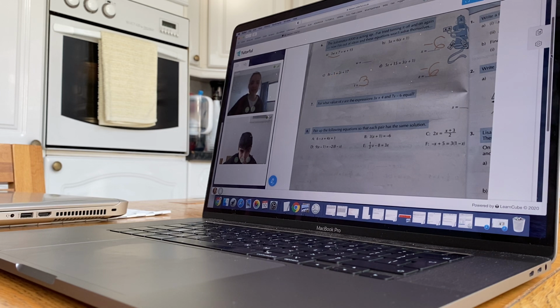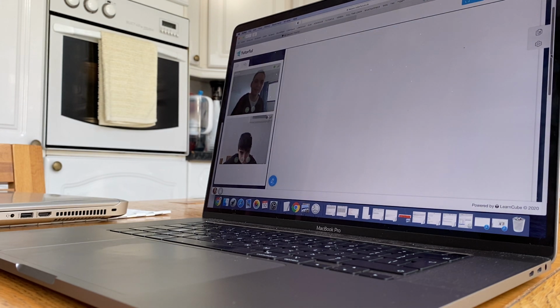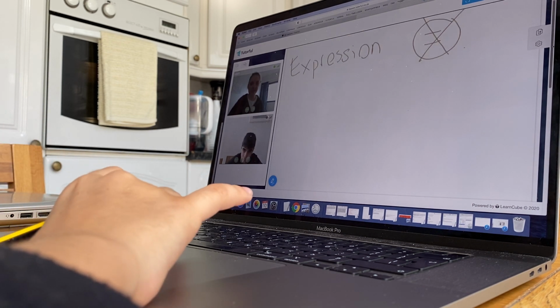The difference between an equation and an expression is the equal sign. If you have an equal sign, you have an equation. If you don't, you have an expression.